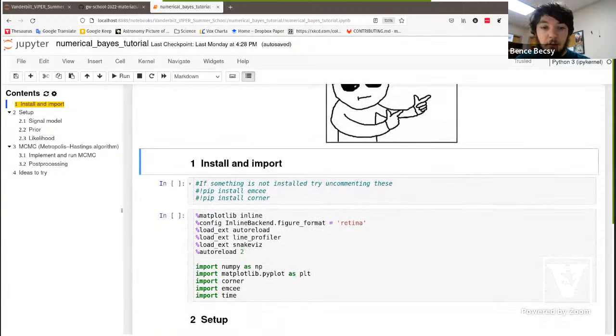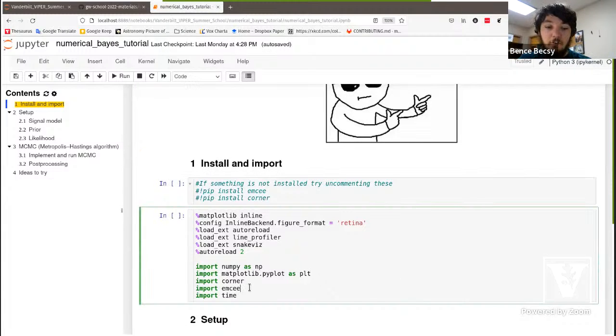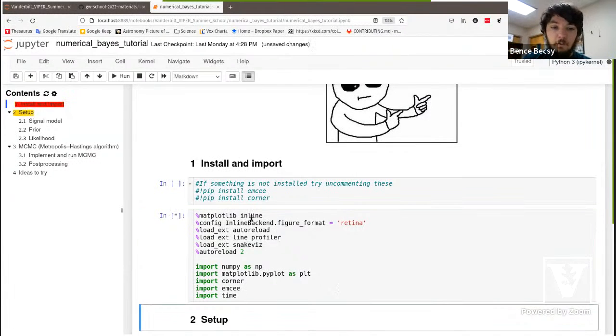So first off, we need to import some stuff. So I think one kind of not very standard packages here are corner and emcee, but I think those should be in the PTA install package that everyone should have installed. But if not, then you can hopefully just uncomment some of these here and just pip install them.